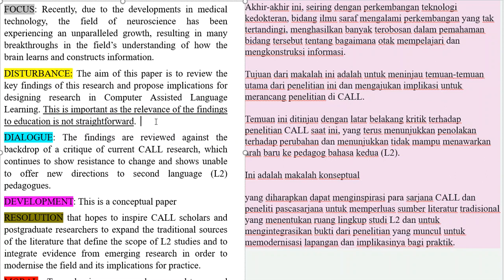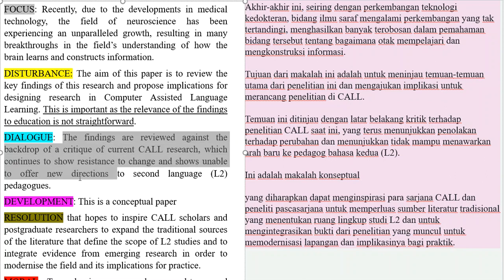That not only is the problem to connect neuroscience and education, but this connection is not straightforward. And this paper is addressing this.